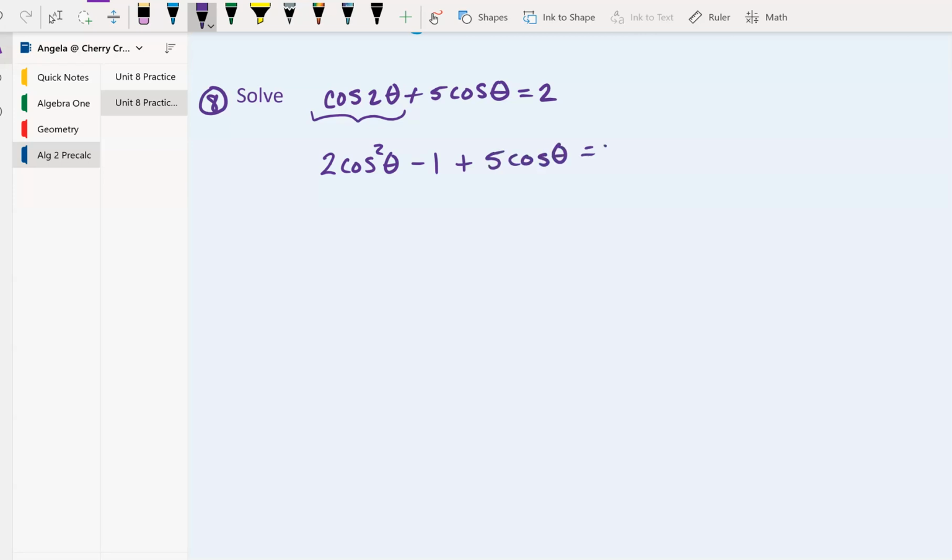Cosine of theta equals 2, and because I have a squared term and a term for cosine theta that is not squared, I'm going to try and set this all equal to 0. So as I do that and I subtract 2 from both sides, I end up with 2 cosine squared of theta plus 5 cosine of theta minus 3 is equal to 0.